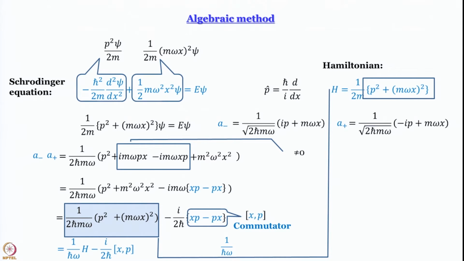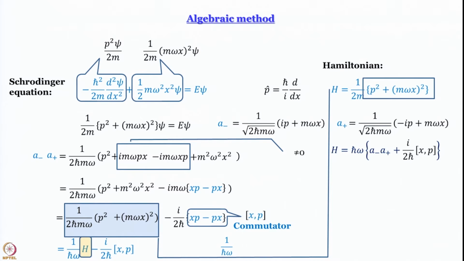The advantage of this is that the value of commutator of x and p is actually worked out already and we are going to work it out anyway in the next part of the discussion. So, once you have that you get a convenient notation, a convenient way of writing the Hamiltonian. Okay? Right.